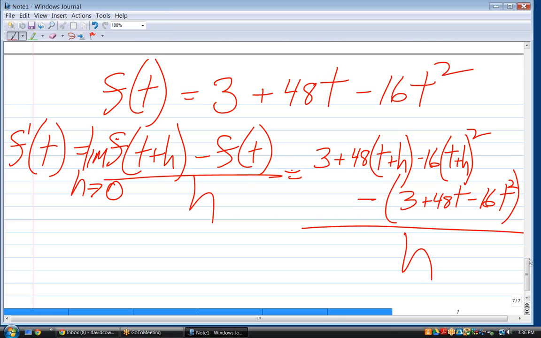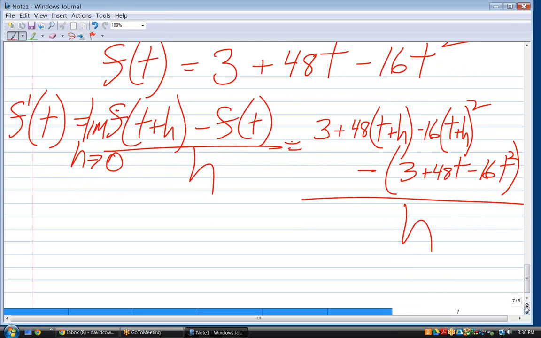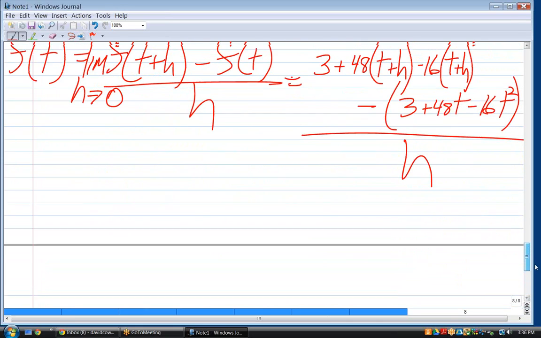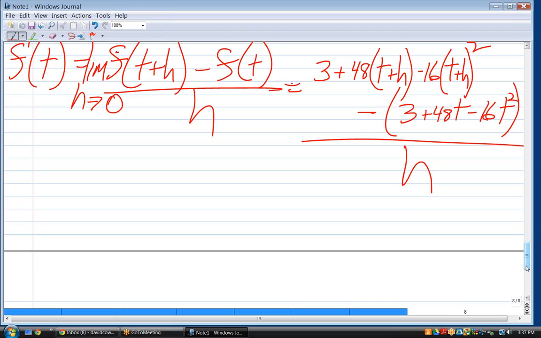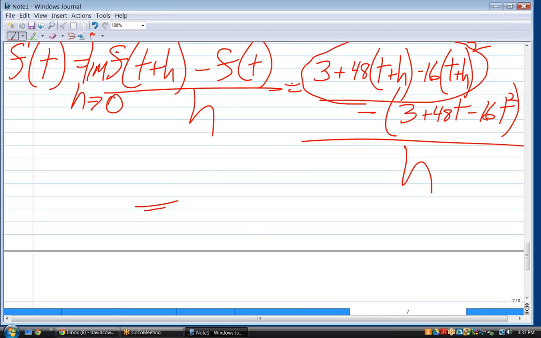So let's simplify this. And once again, you always can know that all the t terms are going to cancel out unless they have an h in them. So if we simplify this up here, what do we get? In other words, this part here, let's simplify. This becomes algebra, and that's plain and simple algebra. It's hard algebra, but it's algebra.